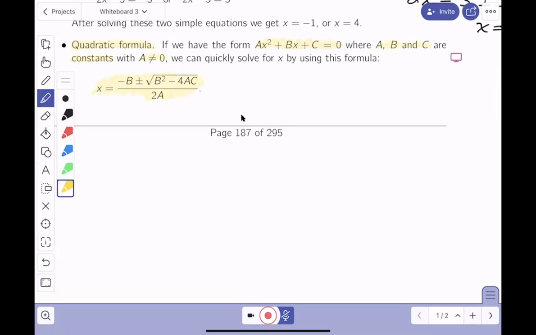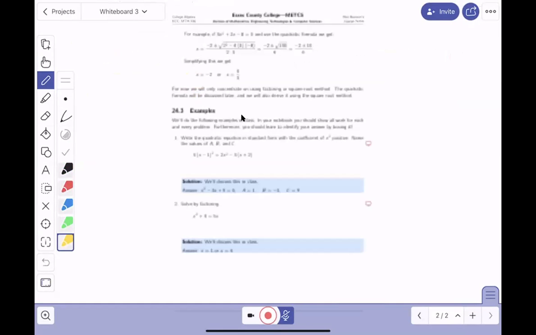All it requires is knowledge of an a, a b, and a c. And then you've got to do the arithmetic. The problem with this formula, though, for most students is actually simplifying it. It's easy to write it down, but simplifying it gets very, very difficult.